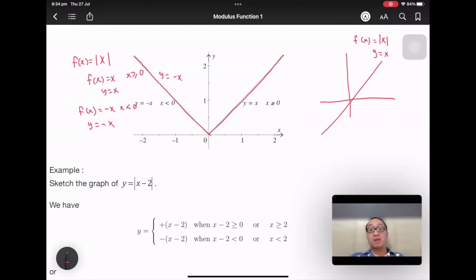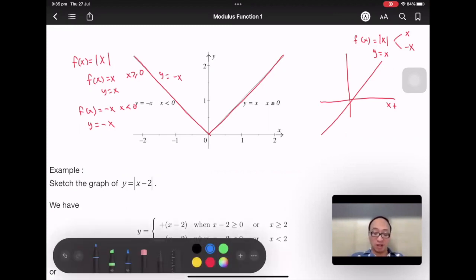But because the absolute value can have two answers, it is positive for positive x values, and it will be negative x for negative x values. So for the positive x part, it stays the same. But for the negative part, it will become a positive number.